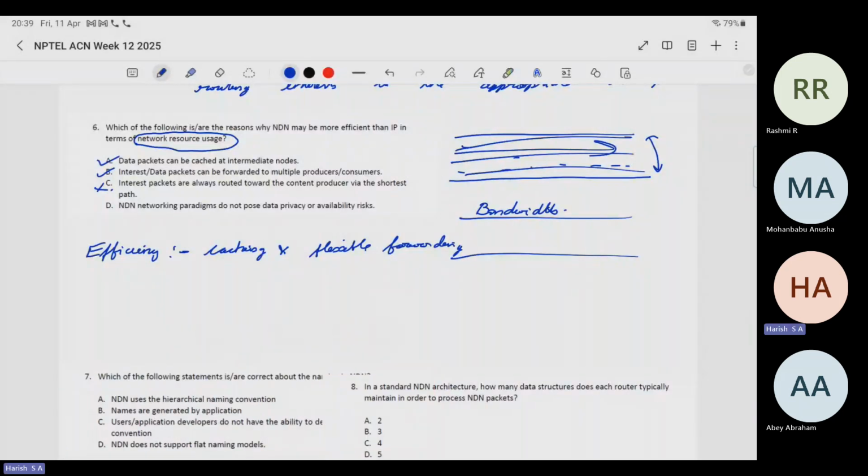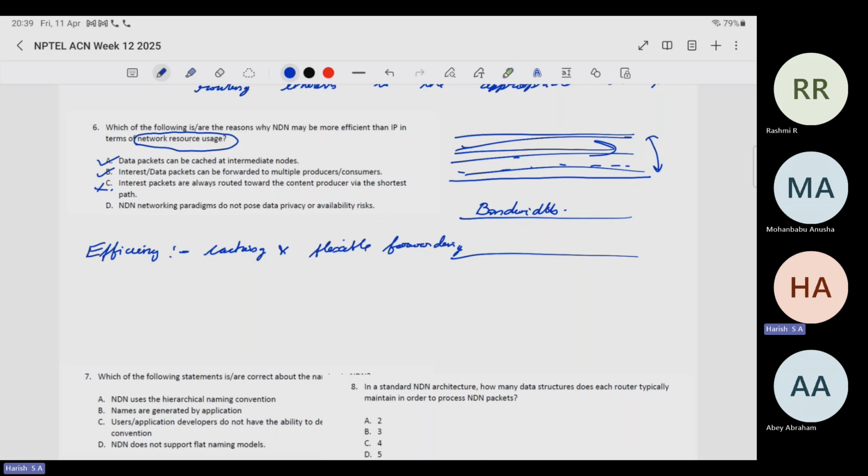D. NDN networking paradigms do not pose data privacy or availability risks. Again, NDN's architecture tends to introduce new challenges with respect to data privacy and availability.